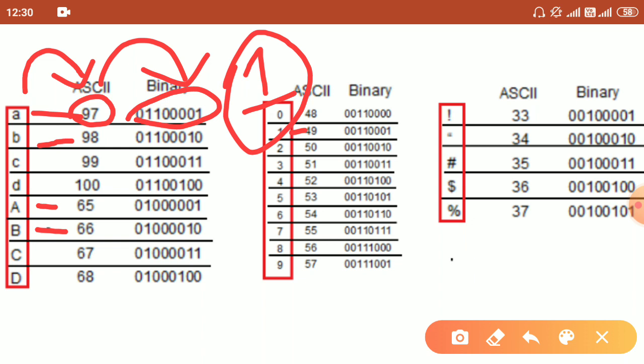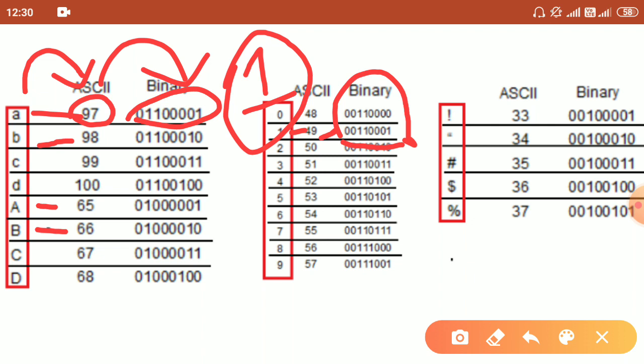So this character will be represented by a number, and that number is 49. And that 49 will be converted into its binary form, which is 00110001. So this is the binary form of the character 1. Whenever you type 1, it is stored in this binary sequence.